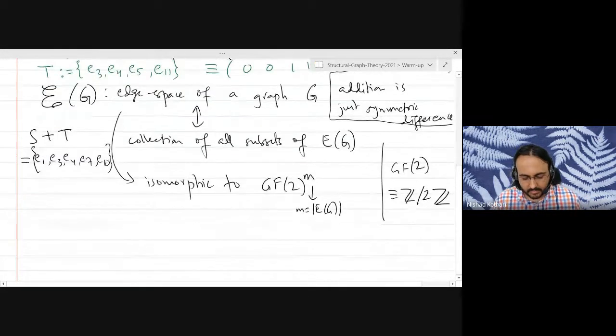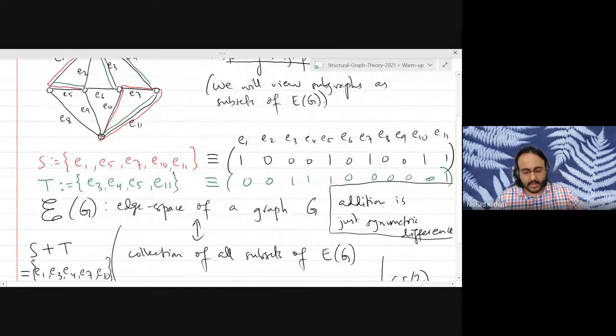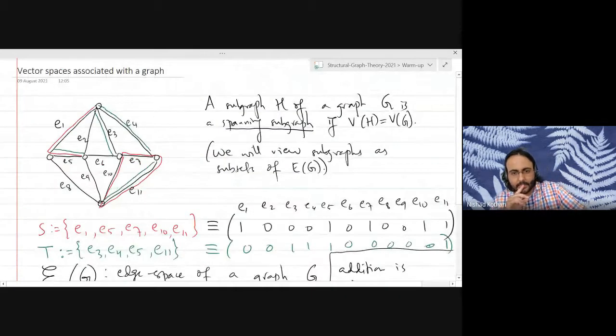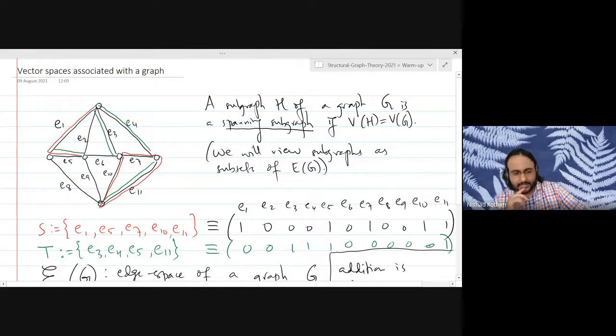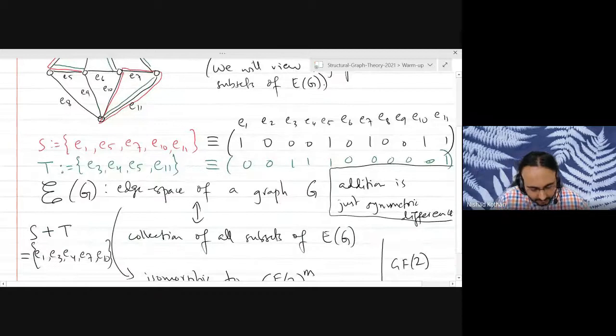Great. So any questions or concerns regarding what the edge space is? When you're writing S plus T, by plus we mean the operation plus in the vector space? Yes, so here I mean the symmetric difference of S and T. Because we are also using plus for other things, it's going to be a bit context dependent. When I add two graphs, I don't necessarily mean it this way.